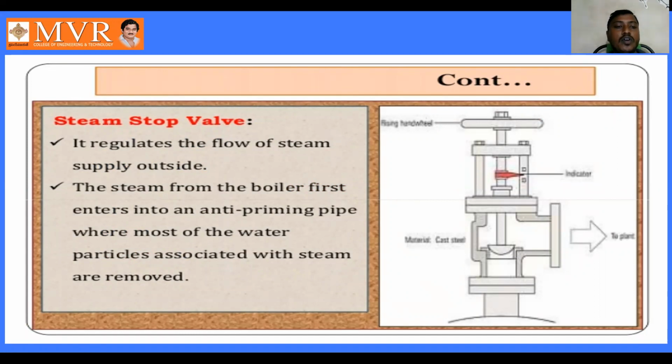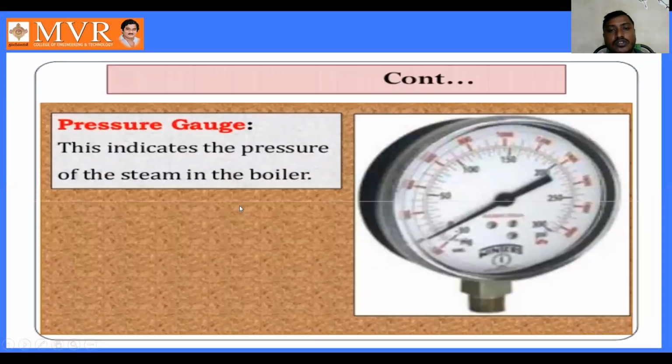It regulates the flow of steam supply outside, meaning it takes how much steam is required and supplies the remaining steam outside. The steam from the boiler first enters an anti-priming pipe, where most of the water particles associated with the steam are removed. Here we are using the steam stop valve.